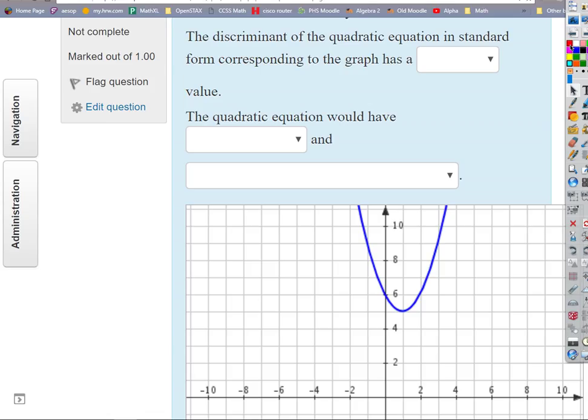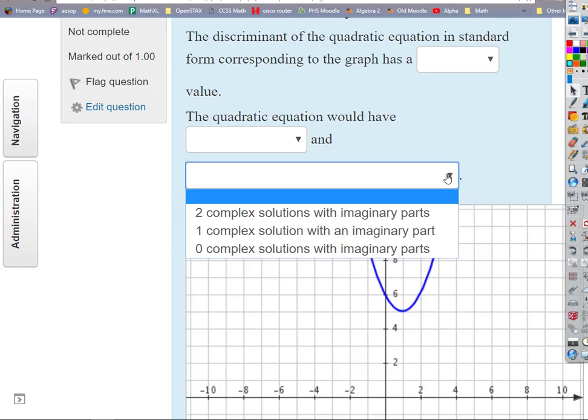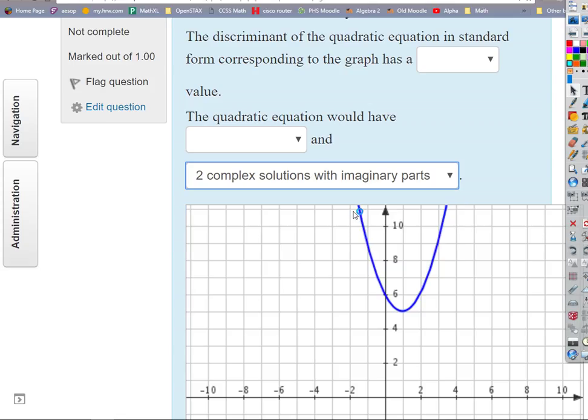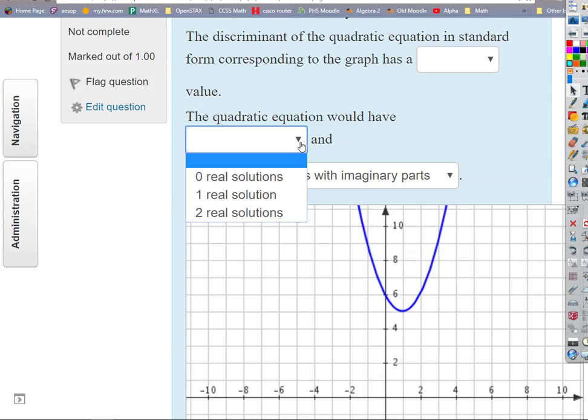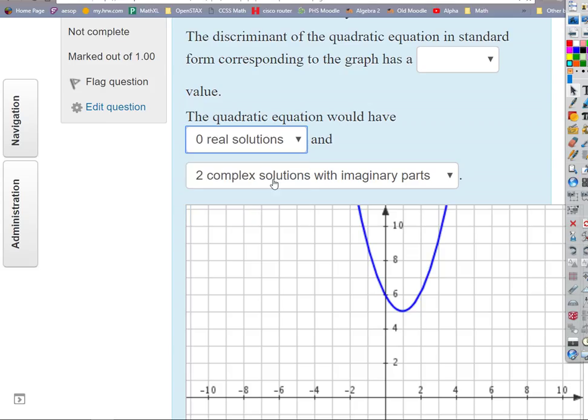So we know it's going to have 2 complex solutions with imaginary parts and 0 real solutions. And what kind of discriminant do we connect with that? Negative, right? If the discriminant's negative, that's where we get i's.